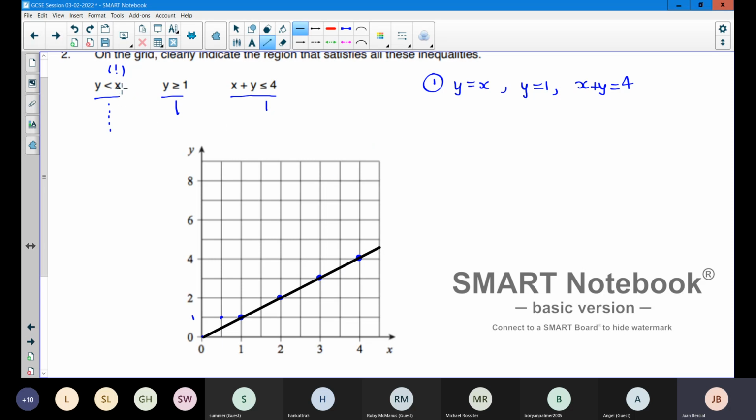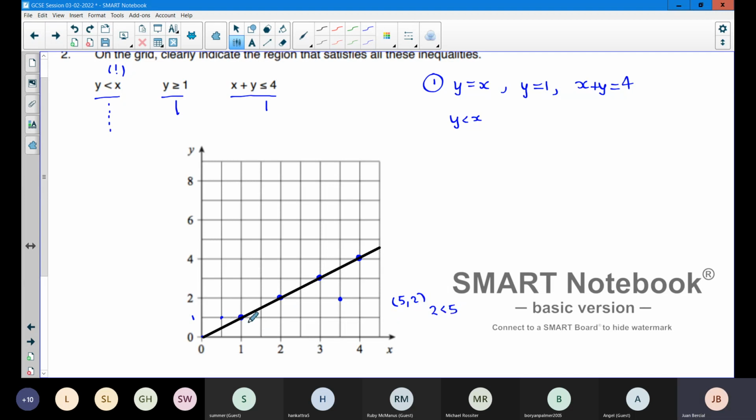As you can see here, x is greater than y. So if we're trying to shade this one here, y is less than x. For example, if we pick this point here, the point 5, 2, you can see that the y, 2, is less than the x.